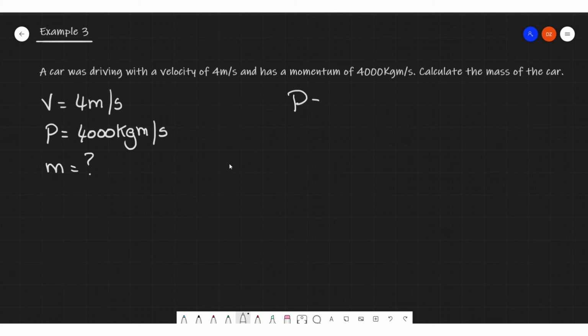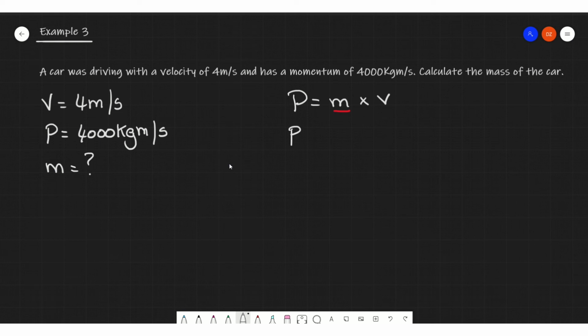We start with the original equation of momentum. Now we need to make sure that we make the mass subject of the formula. So we need to remove the velocity from this side of the equation. Now velocity and mass are tied with a multiplication sign. Therefore, if we remove the velocity from this side of the equation and put the velocity on the other side of the equation, that will become a division.